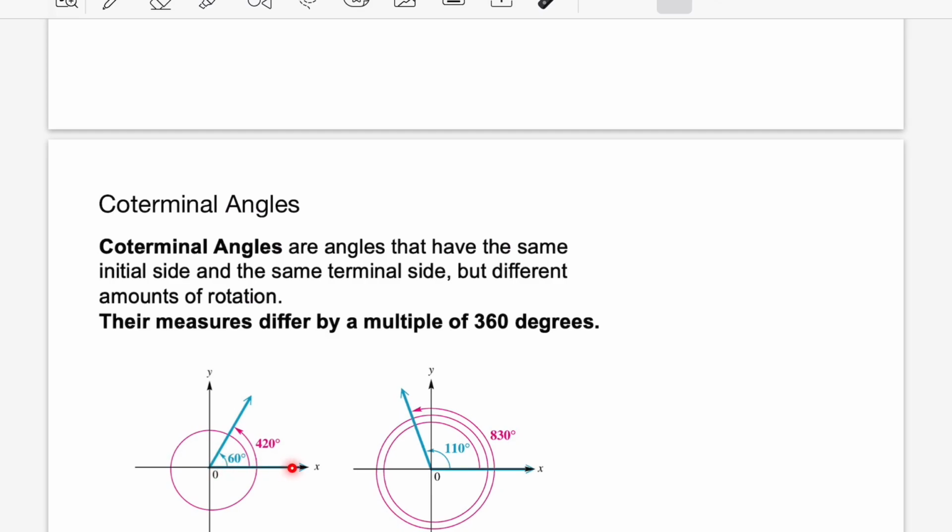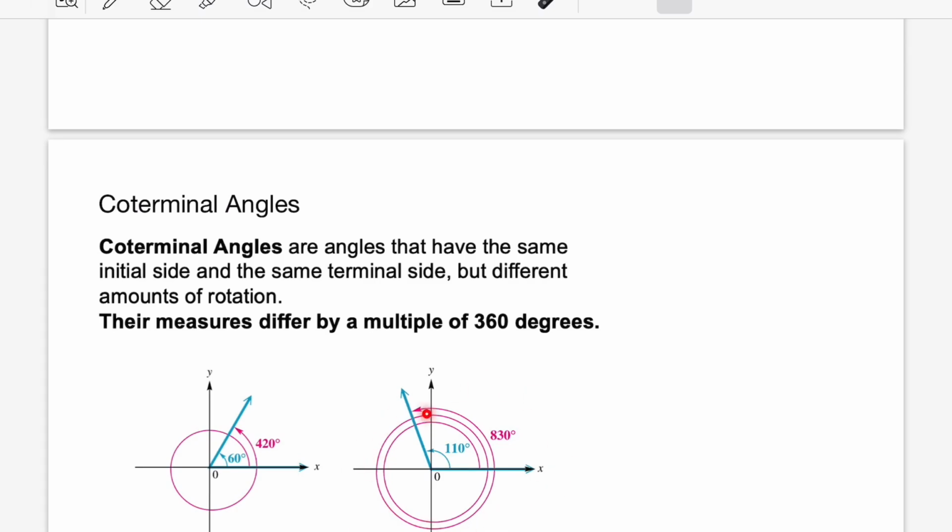We just rotated from our initial side to this here, which would be 60 degrees. Now, if we did the same thing, but did a full rotation all the way up to here, we would no longer be at an angle of 60 degrees, but 60 plus 360 degrees, which would be 420 degrees. So they just differ by one extra rotation in this case.